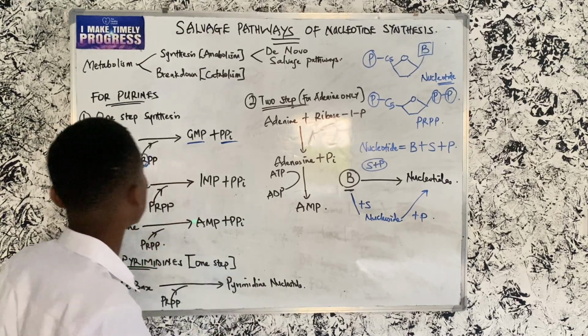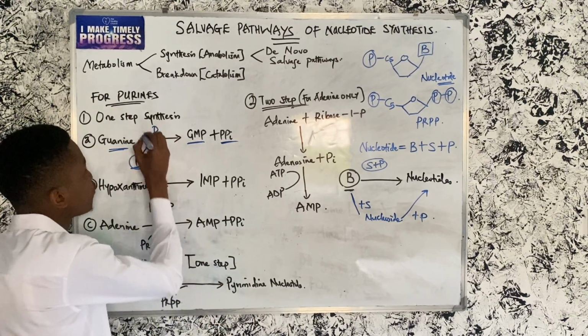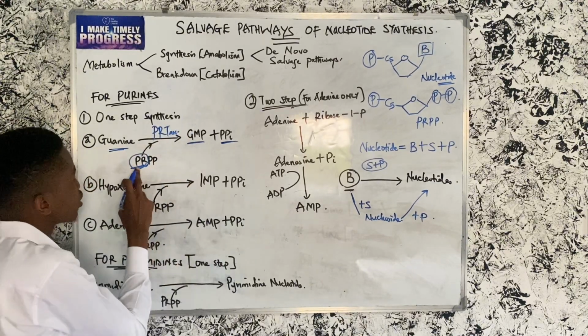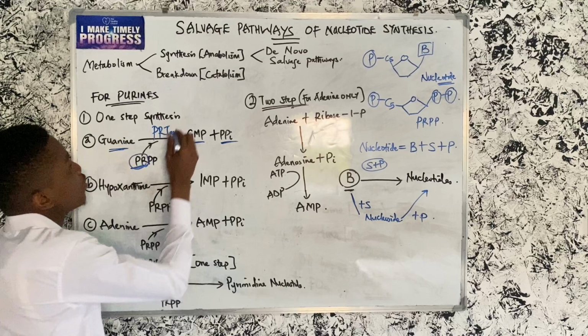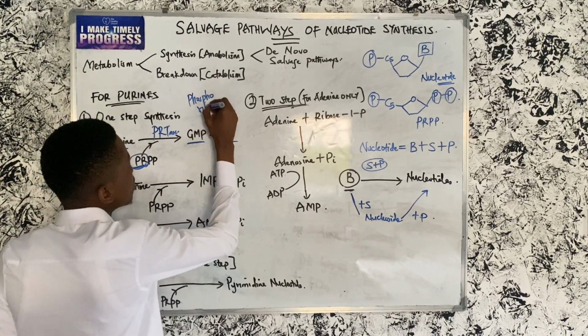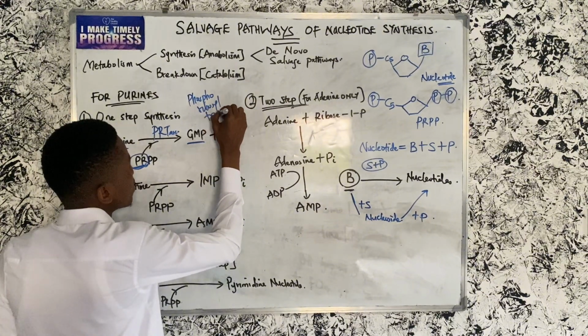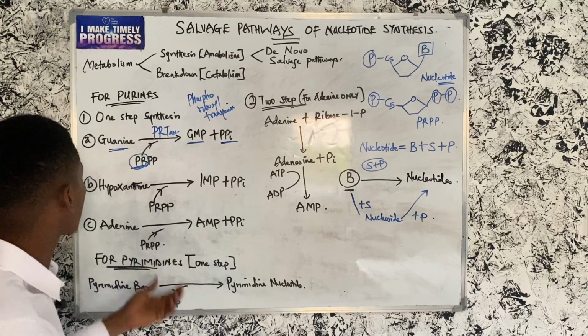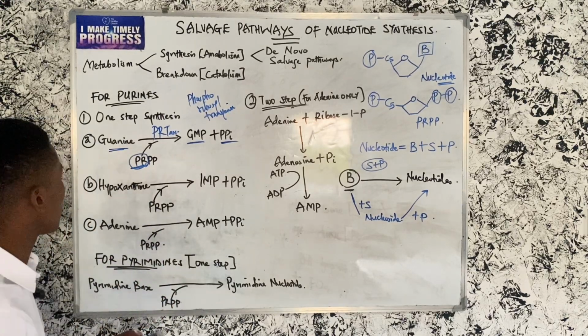What's the name of the enzyme? The enzyme will be called phosphoribosyl transferase. Why? It is transferring phosphoribosyl. So that is that for that. What else should we know? Similarly, the same thing happens here.